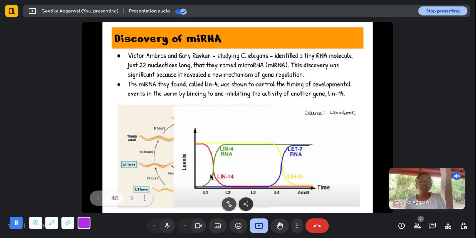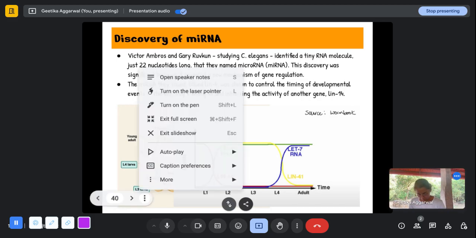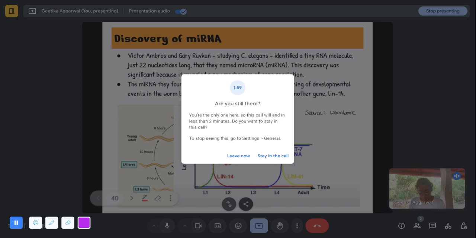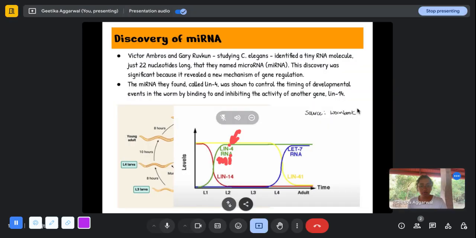So you can see here the microRNA, the miRNA lin4. This lin4 is actually a microRNA, and when its levels rise, that is when the levels of lin14 come down.